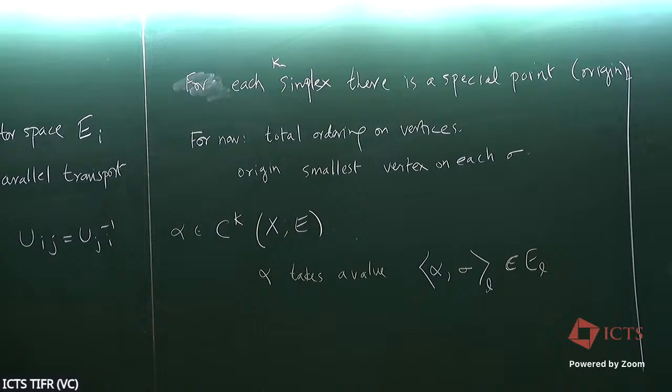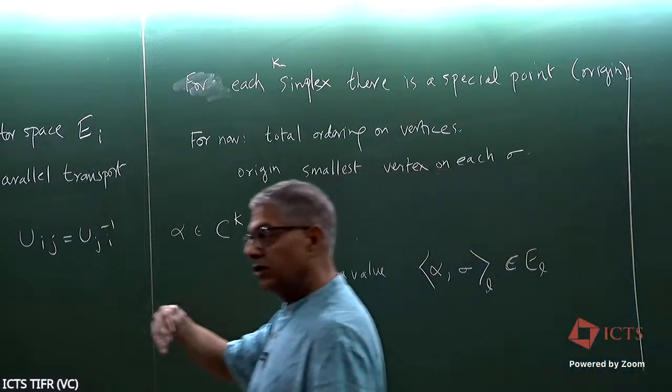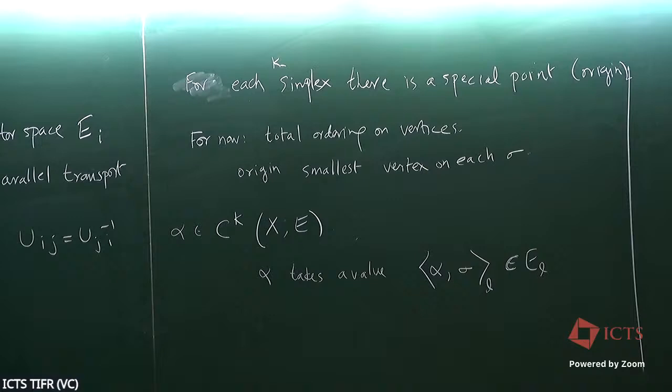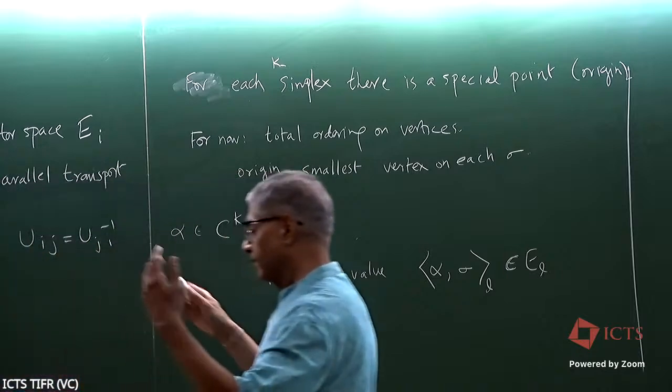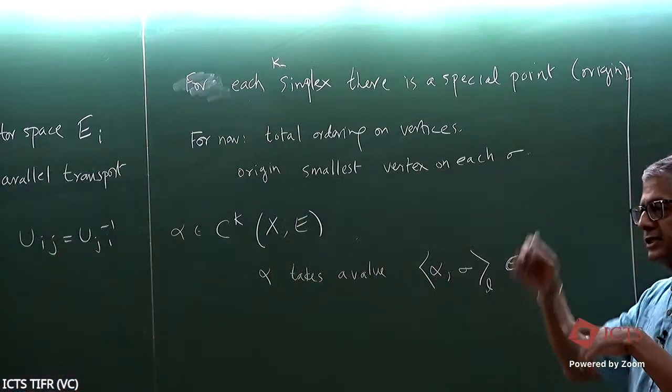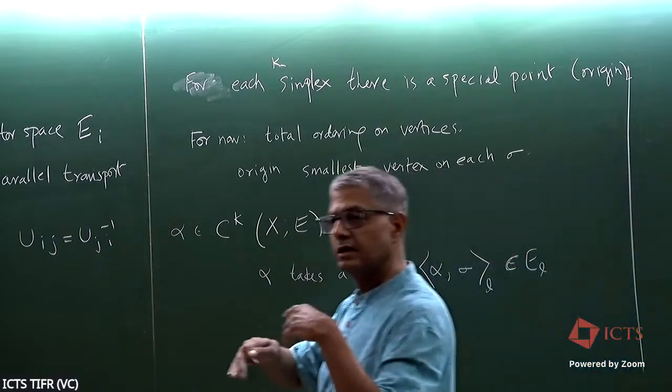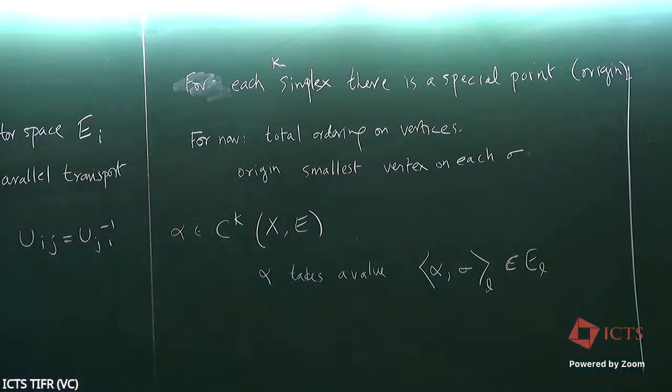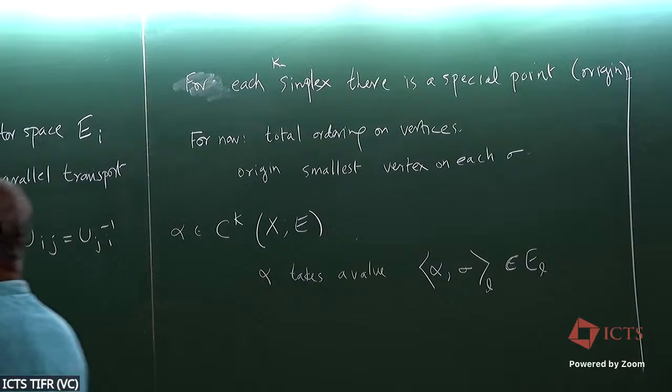So it takes a value at every simplex, and that value lives at the origin. Since you have a total order on the vertices, every simplex has a unique lowest vertex number. And for bookkeeping, we have decided that that will be the place where the cochain's value will live. It's an arbitrary choice for now.